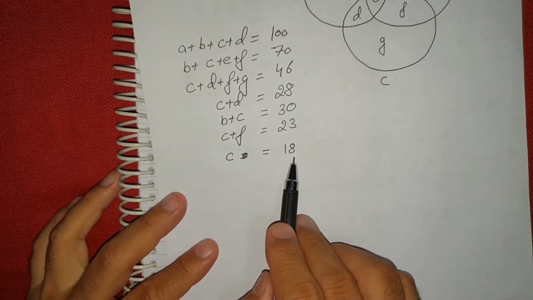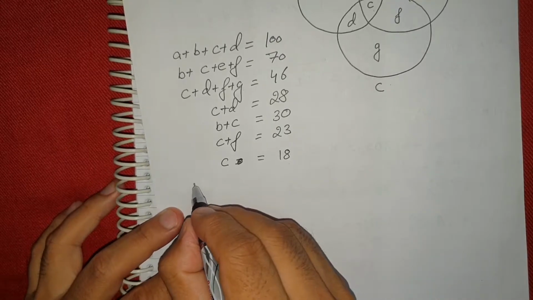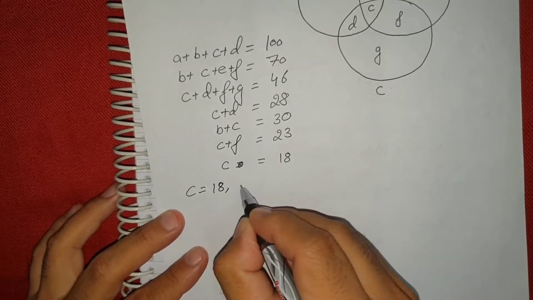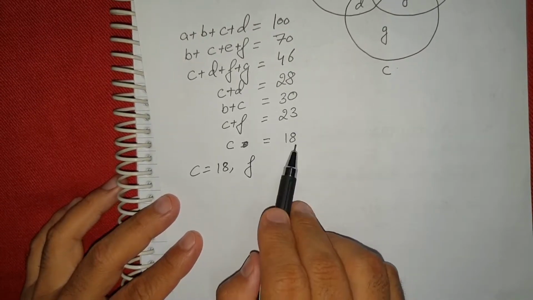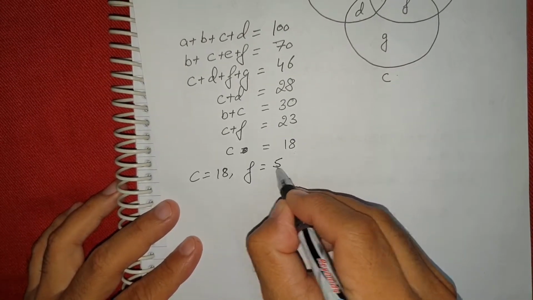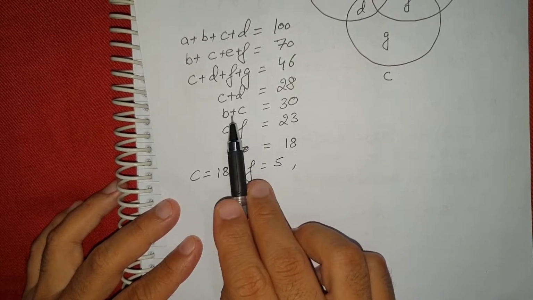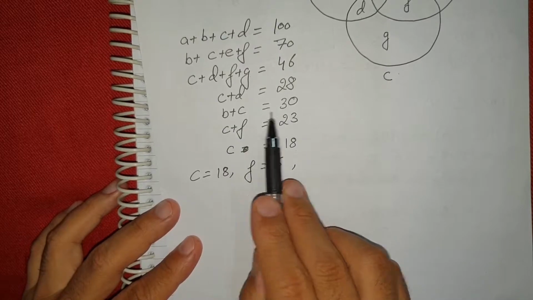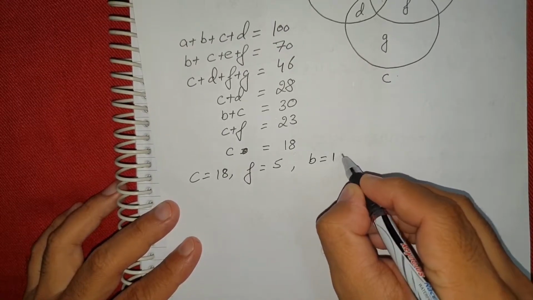If C is 18, we can find F. F will be 23 minus 18, which is 5. Now we have F, we can find B also. B plus C is 30, so B will be 30 minus 18, so B will be 12.